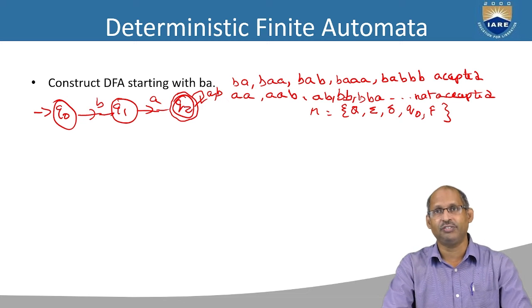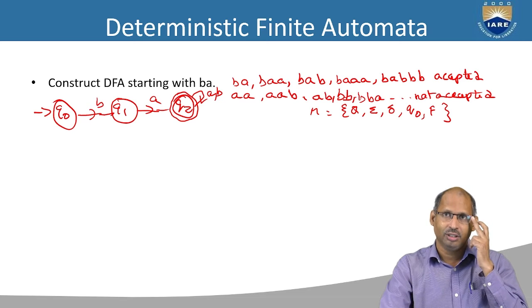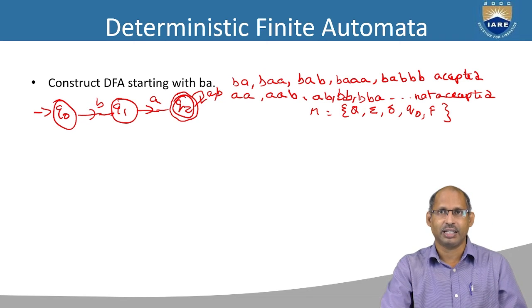What are the input symbols we have? A comma B. There are two input symbols, A comma B.